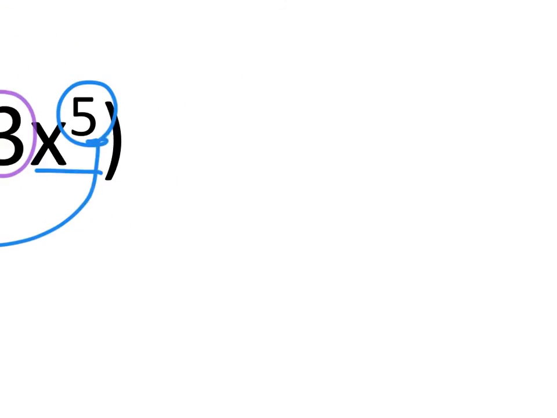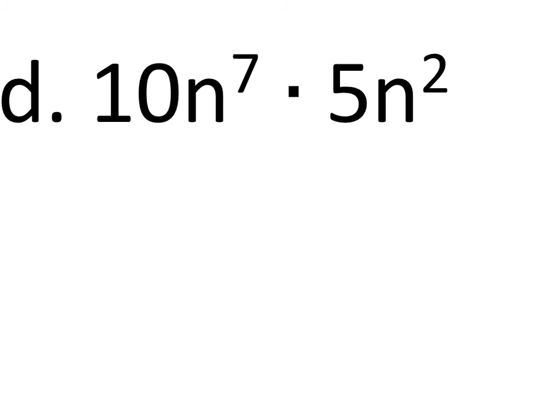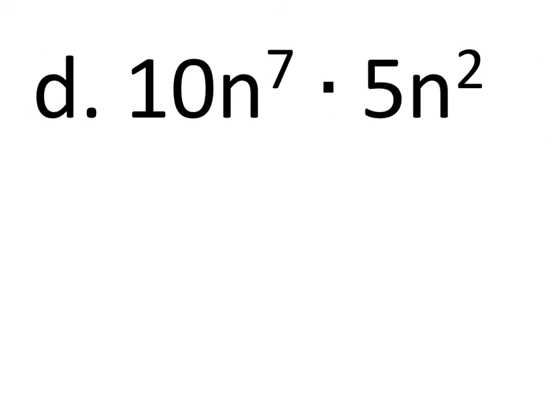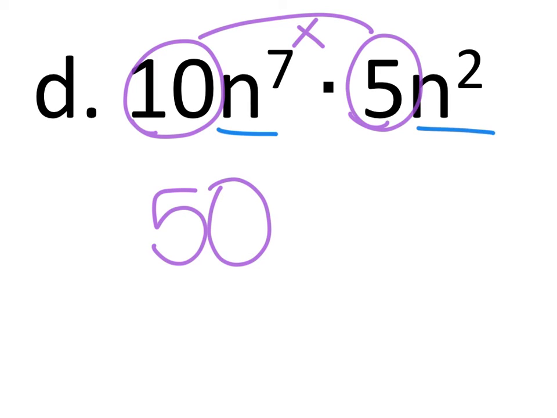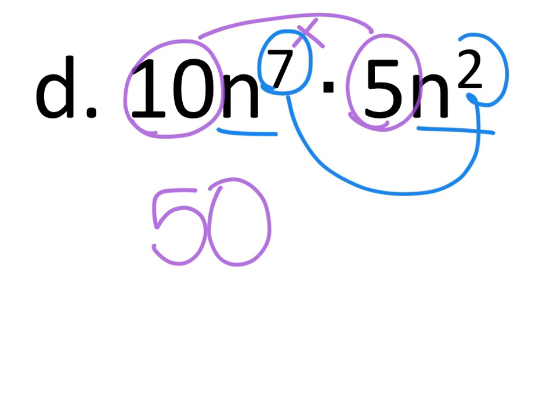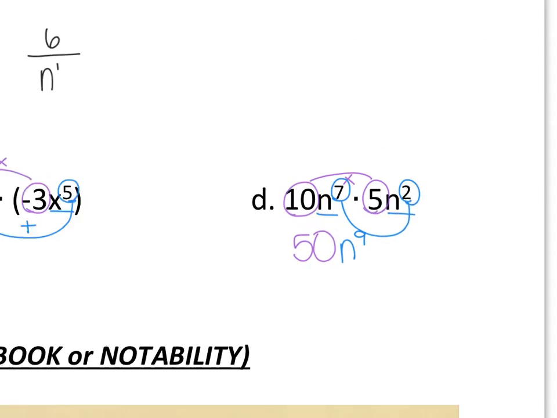Last one. Multiply the coefficients. 10 times 5 is 50. N is my base. I'm going to add my exponents. 7 plus 2 gives me n to the 9th. Okay?